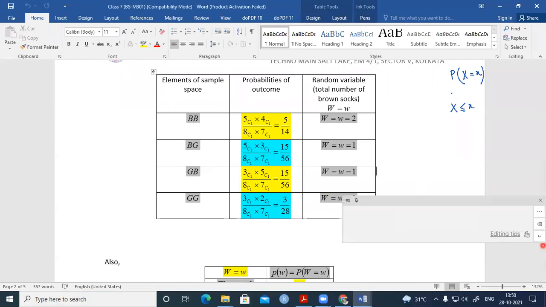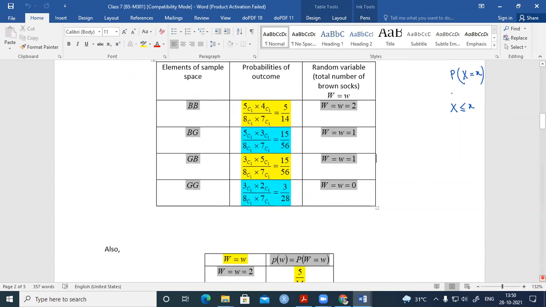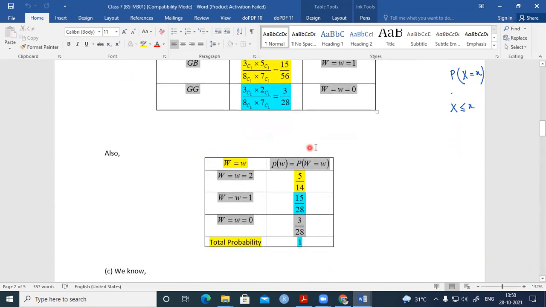Now, we have considered another table after this. Once we get the hint of the random variable W, now we are only interested in the random variables and their probabilities. Why is it so?